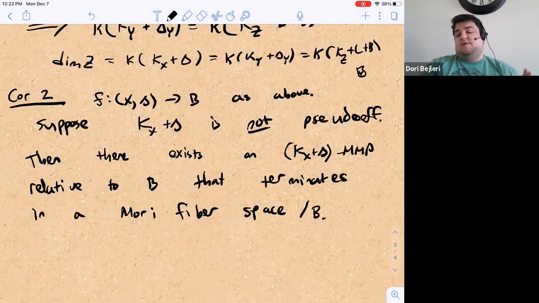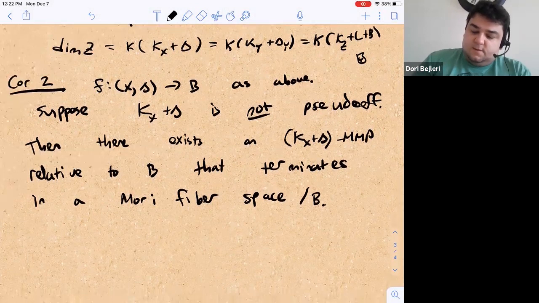And here again, we don't know that every MMP that you can run on x comma delta terminates in a Mori fiber space. That's still a conjecture, but they tell us that there exists some MMP that terminates. Specifically, you can pick an appropriate MMP with scaling that terminates in a Mori fiber space.